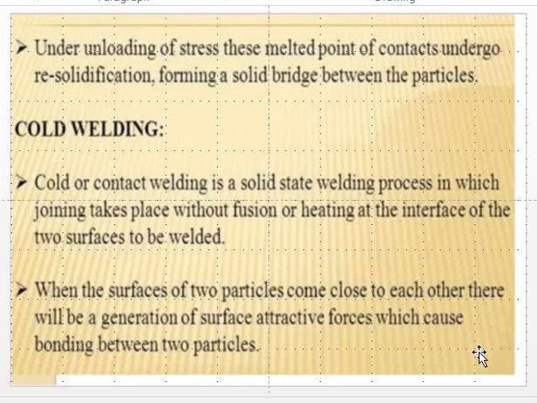It means that without generation of heat, the particles get attached to each other because of the interactive forces and the pressure. So there is no generation of heat, and that is why it is called cold welding.